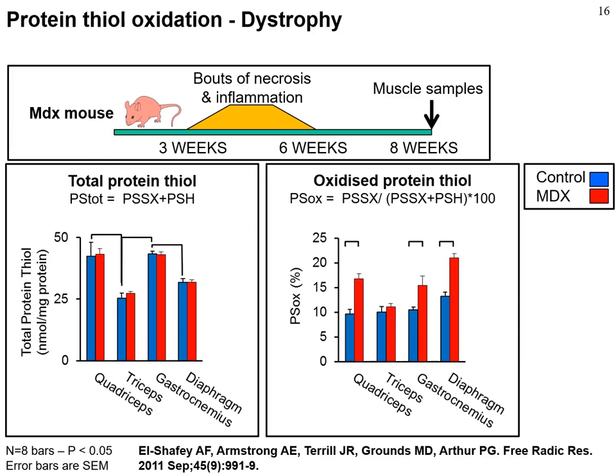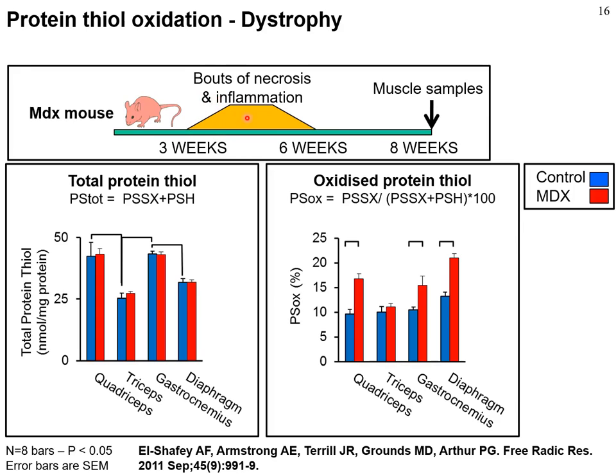So with the MDX mouse model, if we look at a timeline of what's actually happening to the muscles, once the mouse is born, at about 3 weeks, we begin to see increasing levels of necrosis and inflammation, and we also see increasing levels of oxidative stress as well.